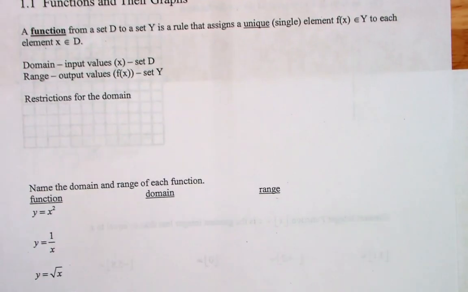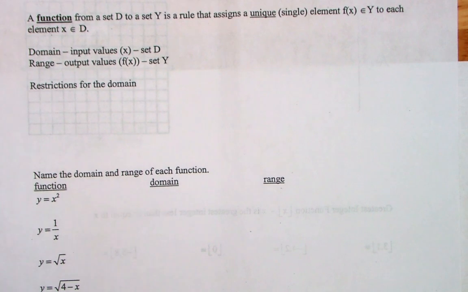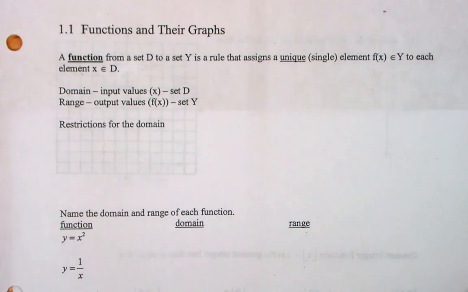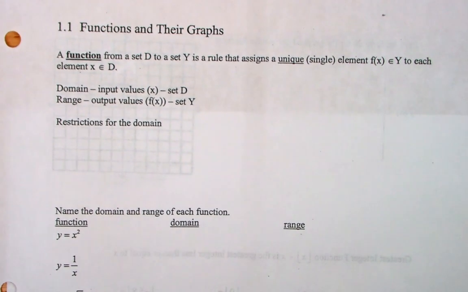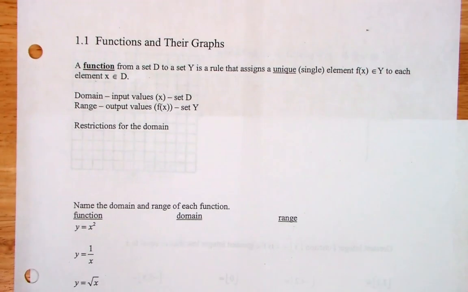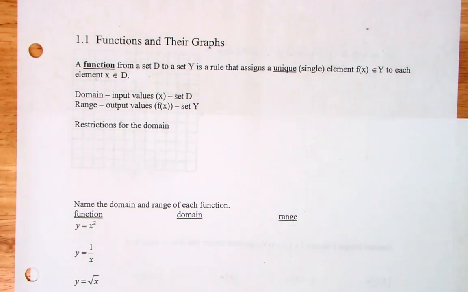So let's take a look at some things here. Okay. So we'll just kind of skirt through these sections here real fast. Section 1 was all about domain and range and restrictions on the domain.